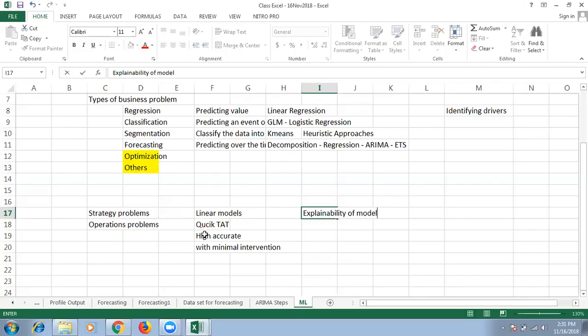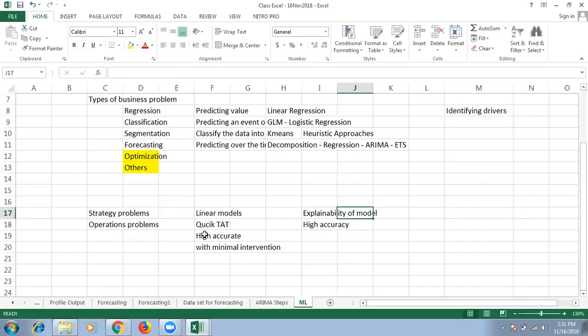When I'm looking at the model equation, I should be able to understand what that equation is telling me. In the other case, I will give more importance to high accuracy. I don't mind what model or how complex the model is. What I want is, am I getting high accuracy or not?